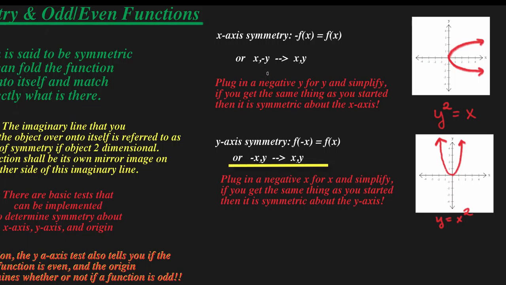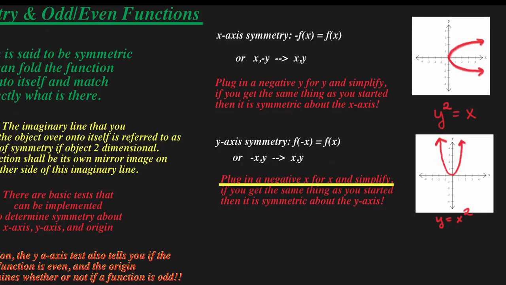So here, what you do is you plug in a negative x instead of the negative y we did up here. So the negative x plugged in, when simplified, gives us the original function. Try that out. If you plug in a negative x for x squared, you will see it becomes positive when you square it. And if that is true, then it's symmetric about the y-axis.